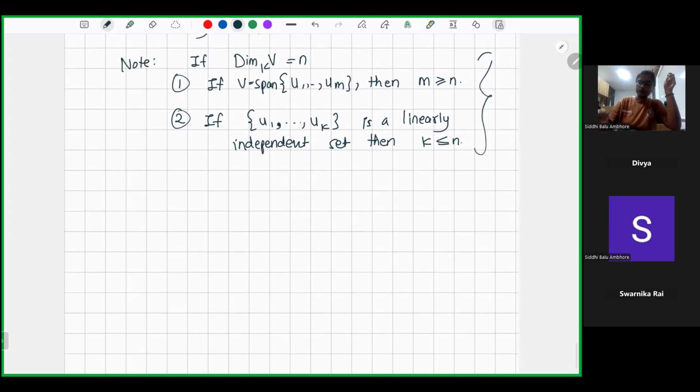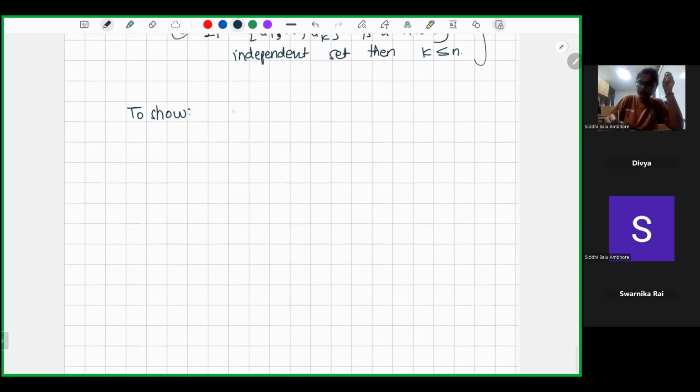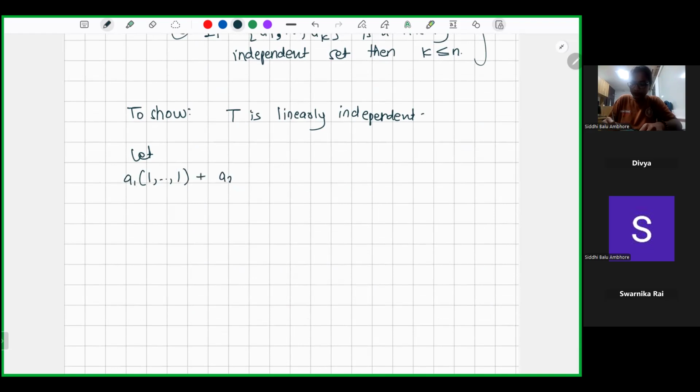Okay, so to show that, let this set be called T. We show that T is linearly independent. So suppose a1 into (1, 1, 1) plus a2 into (1, 2, 1) plus up to an into the last vector equals 0, this is how we prove linear independence, right?